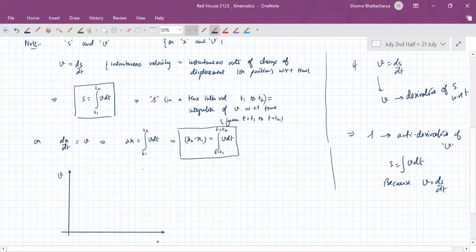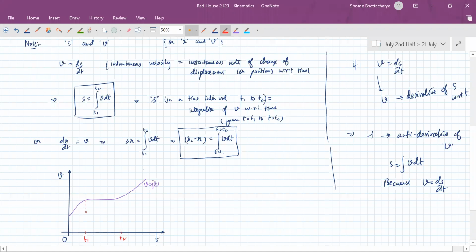So suppose my instantaneous velocity versus time is varying according to this curve. So this is velocity as a function of time. And suppose this time is t1 over here, and this time is t2 over here.